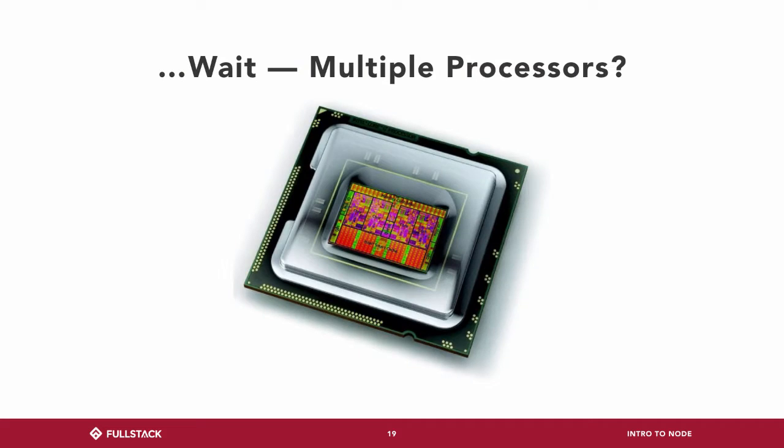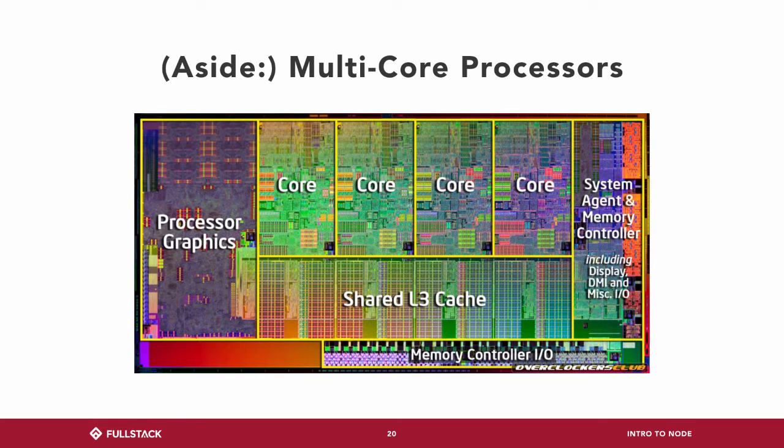If we go out a little bit, we could look at the fact that you could have multiple processors as well, which might give you some more ability to do multitasking. You also have the ability to have multiple cores within a processor.